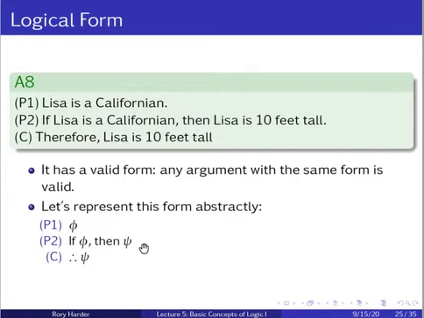And as it turns out, any argument with this form is a valid argument. Okay, so again, this here represents a valid argument form, and the name for it, as we've already seen, is modus ponens.